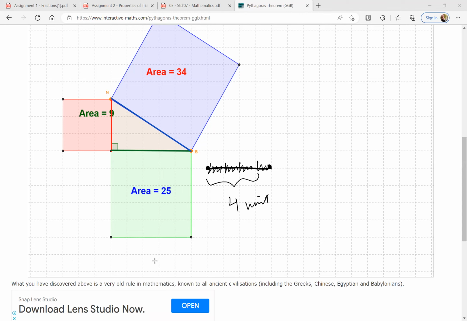4. Bache, can you please count it once again? See very closely. If you want, you can zoom in. 3. Yes, very good. Because this is 1 block, 2 blocks, and 3 blocks. So the length is 3 units.